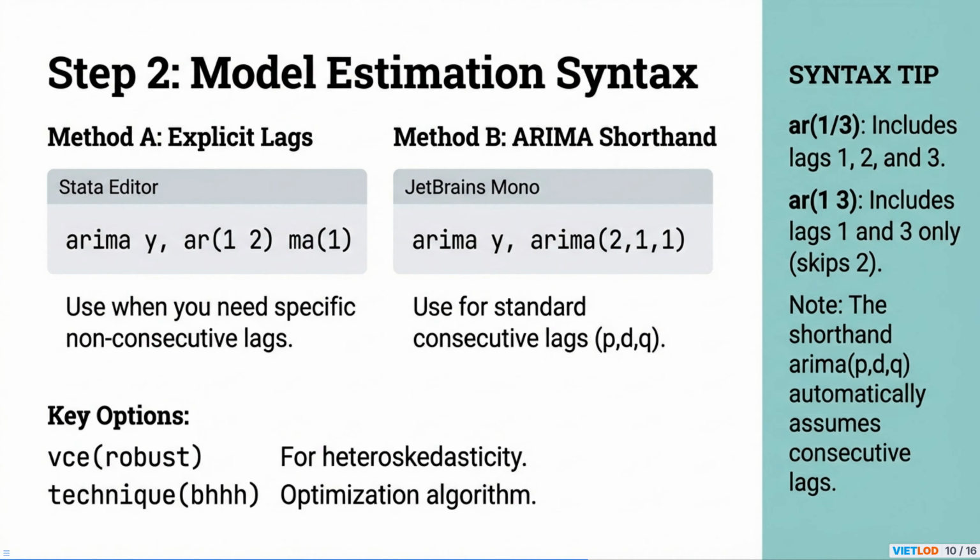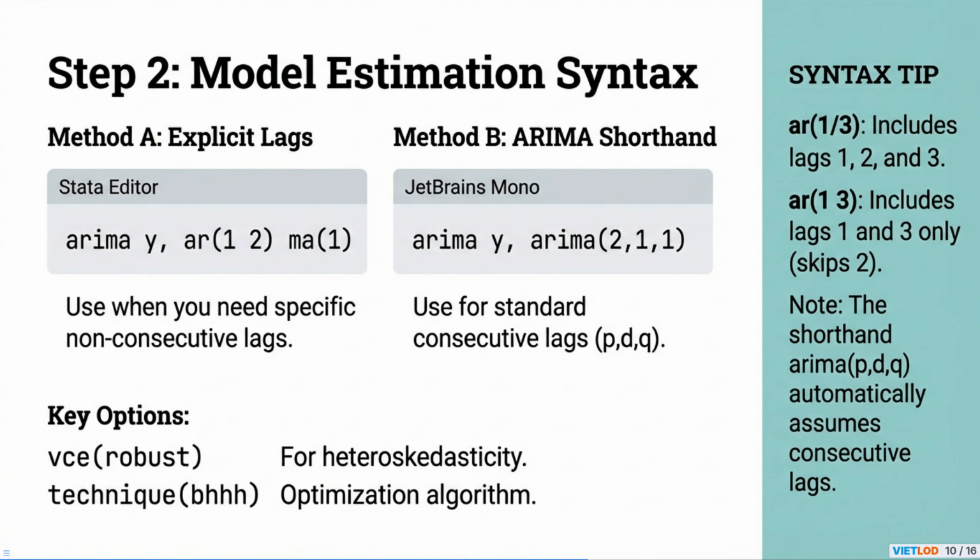Stata offers two main ways to specify your ARIMA model. Method A uses explicit lags, such as arima Y, ar(1/2) ma(1), which is useful when you need to include specific non-consecutive lags, for example, for seasonal effects. Method B is the ARIMA shorthand, like arima Y, arima(2,1,1), which is more common and convenient for standard models with consecutive lags.